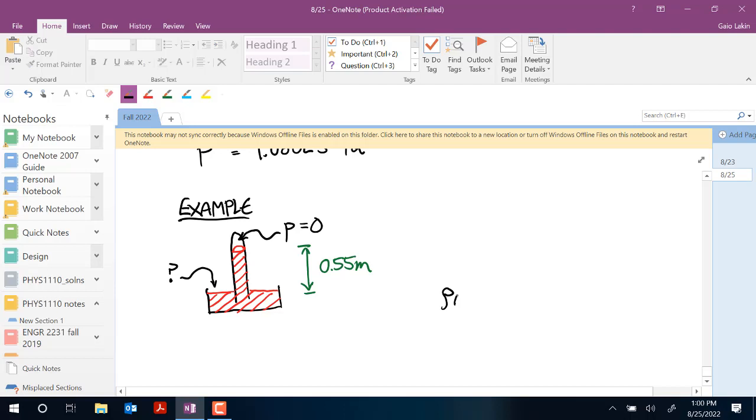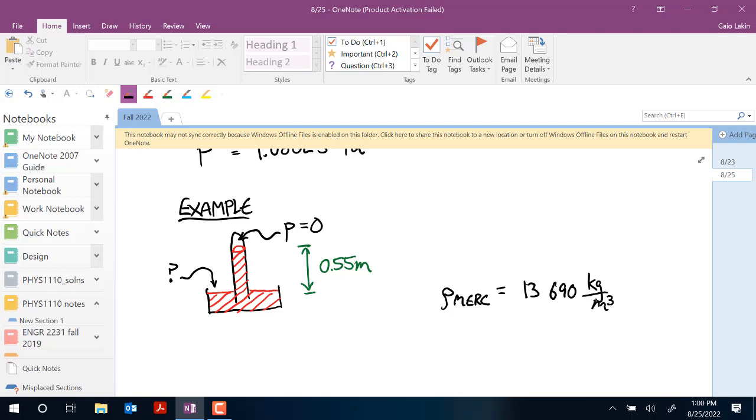The density of mercury, that's just something you can Google, and it's 13,690 kilograms per meter cubed. Anybody remember what the density of steel is? How does mercury compare to steel in density?